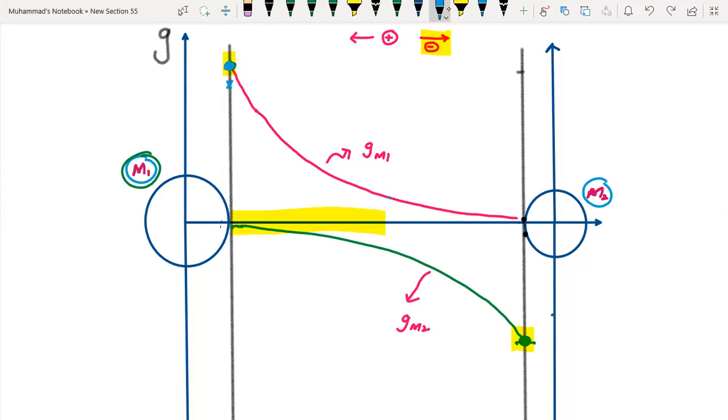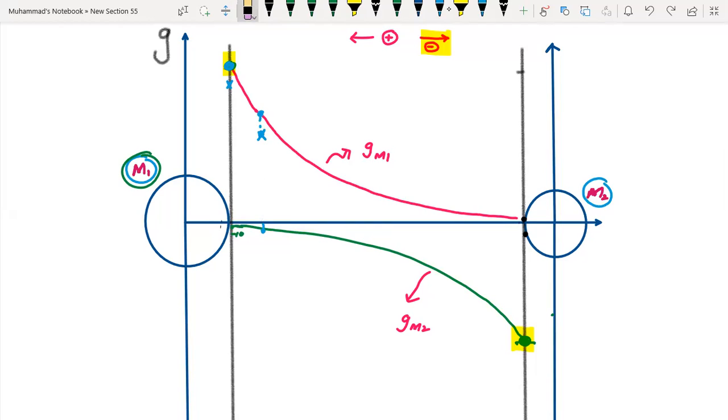Now let's say I want to find the resultant at this point. Over here, you have a negative value, and over here, you have a positive value. So that's why net will be somewhere here. This is the resultant.